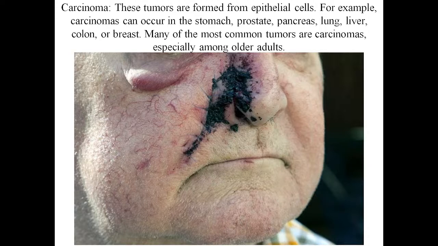Many of the most common tumors are carcinomas, especially among older adults. And here you can see the carcinoma, epithelial carcinoma, from the epithelial cells.